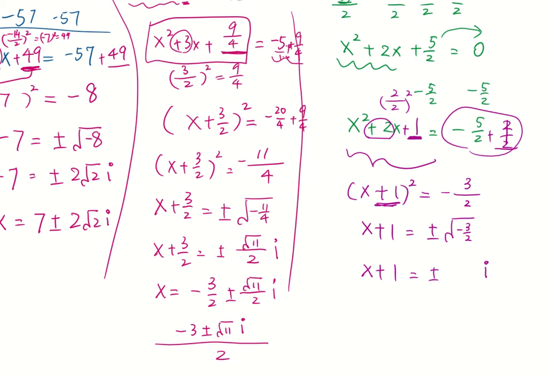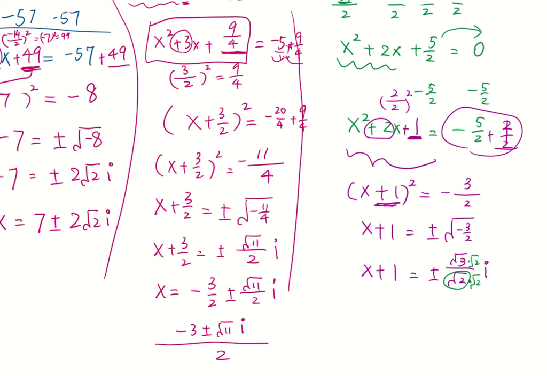On top is square root of 3, at the bottom is square root of 2. However, in math, we do not like to leave a radical sign in the denominator. So somehow I want to get rid of that square root of 2 in the denominator. So what I'm going to do is multiply the top and the bottom by square root of 2.